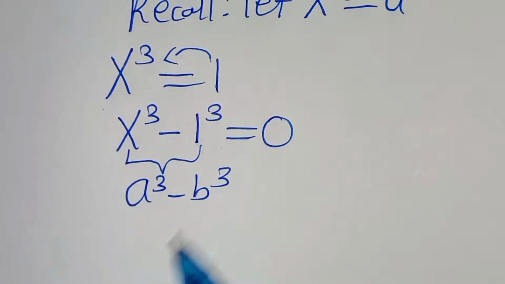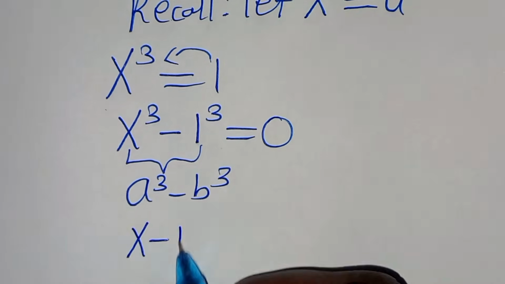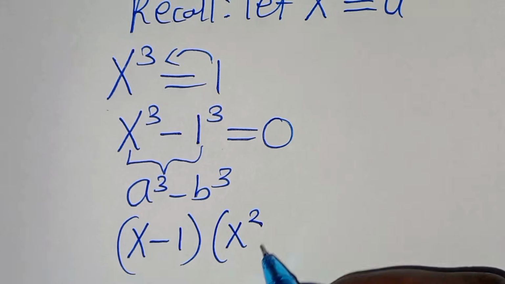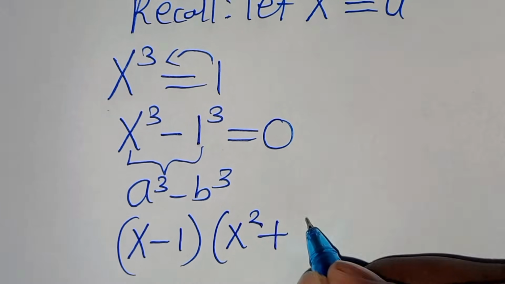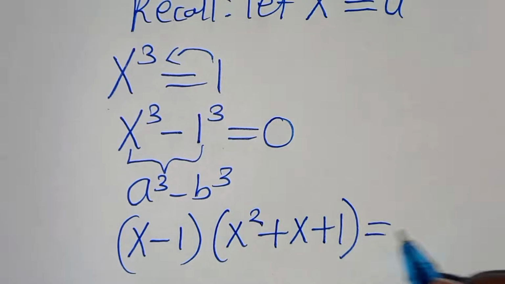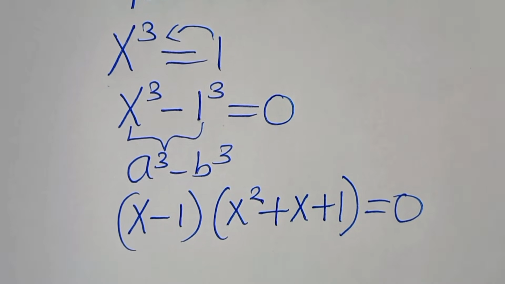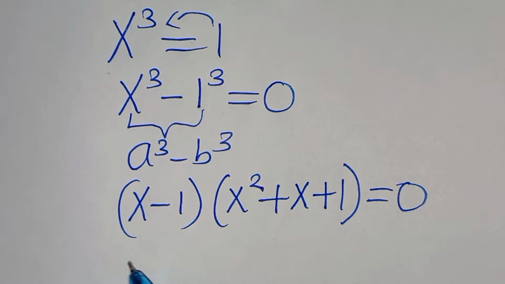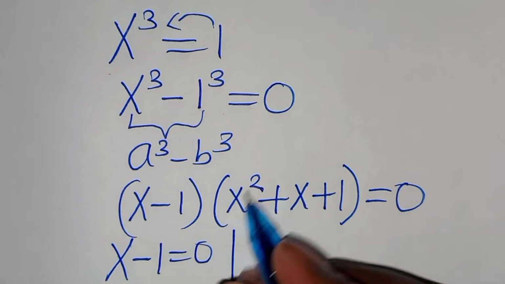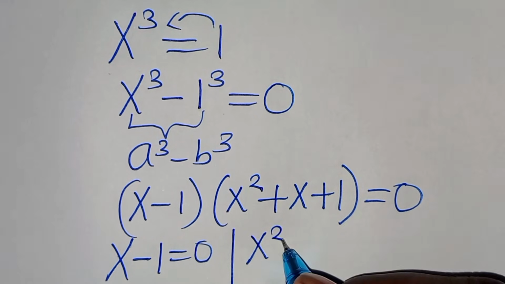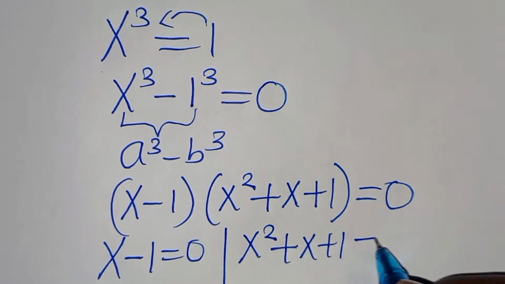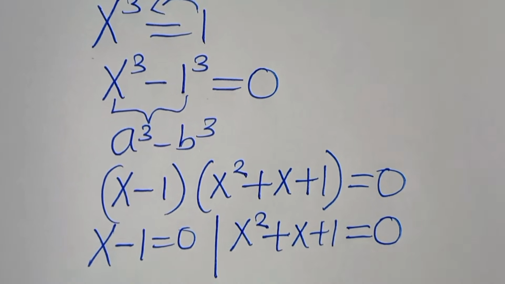So we can express this as x minus 1, times x squared plus x times 1, which is x, then plus 1. This is equal to 0. So we have the first part as x minus 1 equal to 0, then here we have x to the power of 2 plus x plus 1 equal to 0.